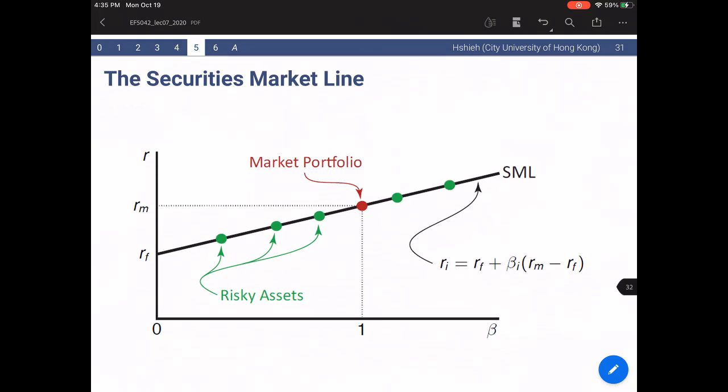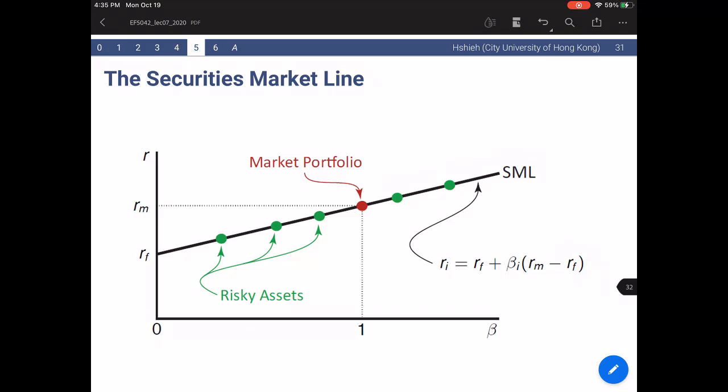Okay, so how do we typically visualize the CAPM model? We tend to visualize the CAPM model using what's called the security markets line. Remember, the SML is different from the CML. The CML captures the set of efficient portfolios that you should only consider, because it's a portfolio of the risk-free asset and the market portfolio, the tangency portfolio.